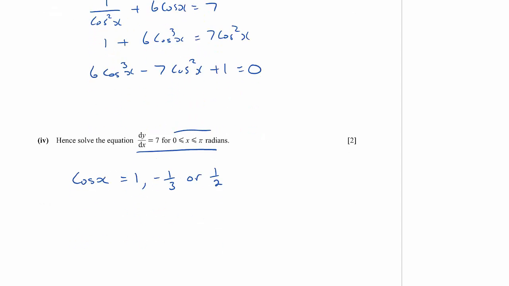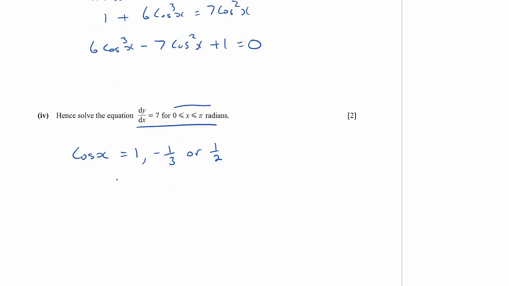Okay, so cos x equals 1 only when x is 0 in this range. 0, and then the next one is 2 pi and so on. So that's the only one that will come from there.